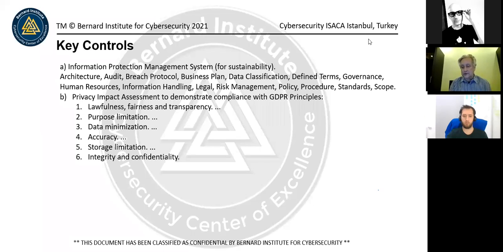What is the purpose? The limitation. So the purpose really helps to set the boundaries on what it's going to be used for, and ensuring that it's a limited collection. And that's also step 3, data minimization. So making sure that you're not over collecting.